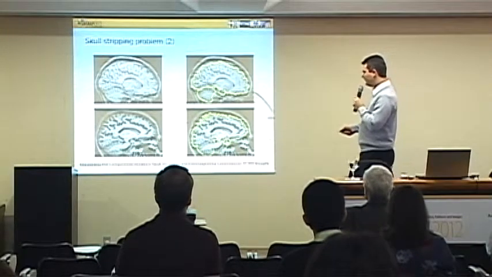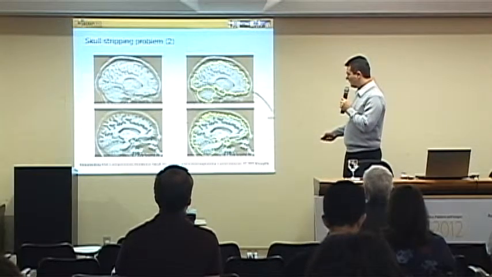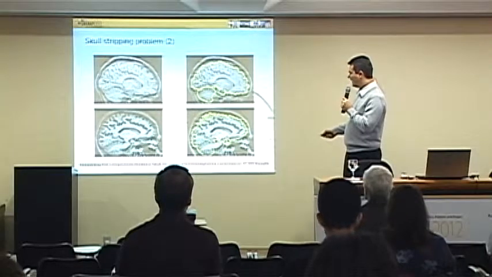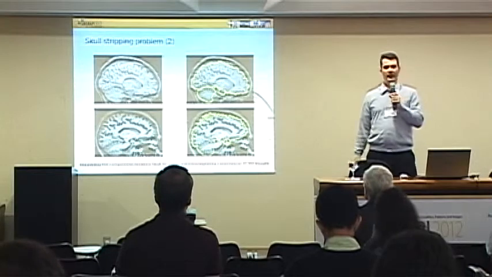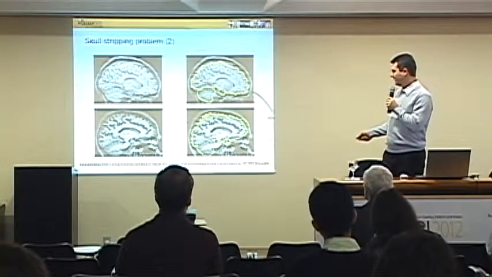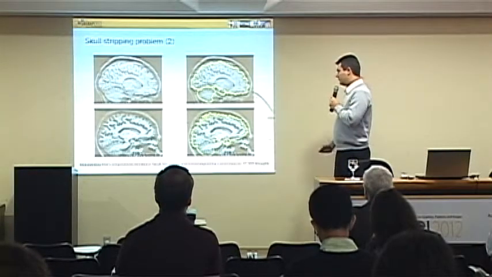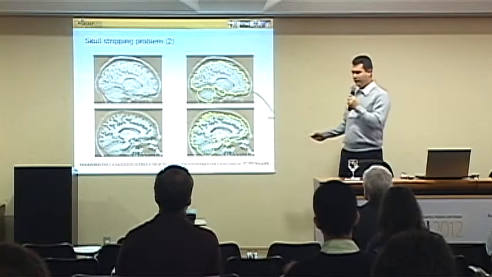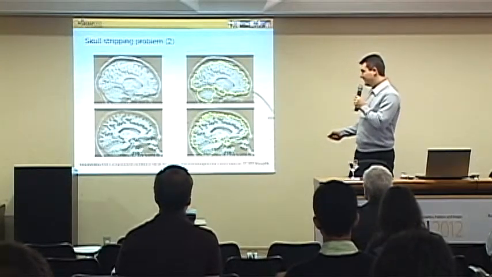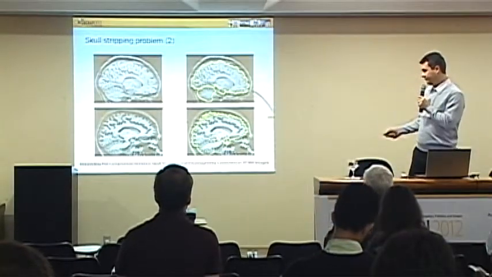We can see that the cortex of the brain, this region here, and also a part of the back and the cerebellum, are not captured by the skull stripping method. So we want to solve this problem. We want to make a good segmentation for both 2 Tesla and especially 3 Tesla images, which are a better technology.